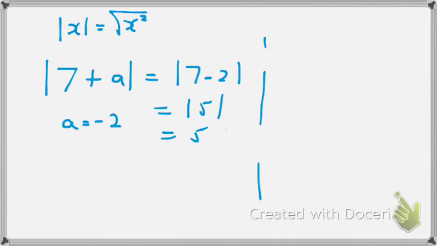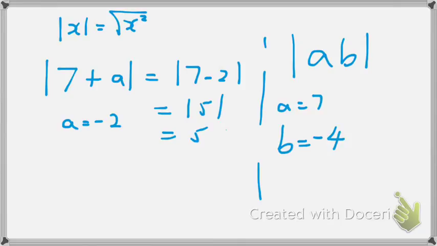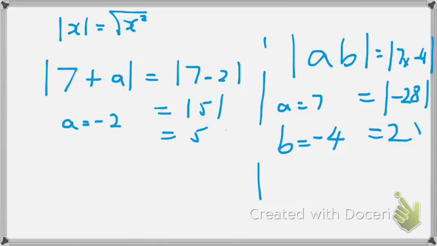If you've got the absolute value of a times b, where a is 7, and instead of picking on 5 a lot, I'm going to pick 4, then that's the absolute value of 7 times minus 4. So that's the absolute value of minus 28, so that's 28, right? There's no trickery here. As far as the number work goes, it's pretty easy.